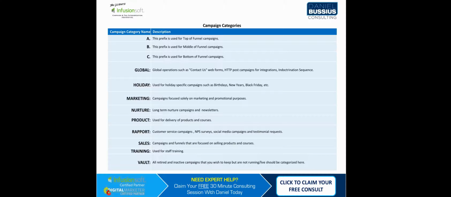So for me, I'm a consultant. I create trainings like the one you're listening to right now. And so for me, the campaigns that are associated with trainings, I have those sitting inside the category of training. Now for you, if you're a business owner and you have staff, a lot of people find that you can automate an entire new hire training inside of Campaign Builder with Infusionsoft. It's actually really powerful.